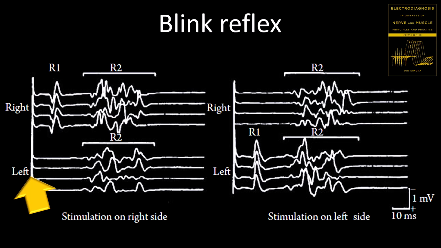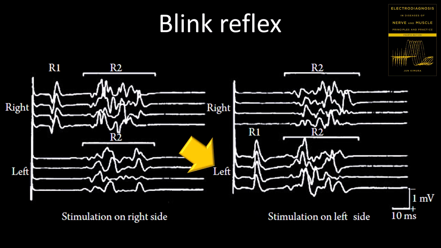Whereas on the other side, the left orbicularis oculi electrode after right side stimulation records no R1, but it does record an R2. We refer to this R2 as R2 contralateral to distinguish it from R2 ipsilateral on the side of the stimulus. The second study is performed by stimulating the contralateral trigeminal nerve, in this case the left, while again recording from the left and right orbicularis oculi.